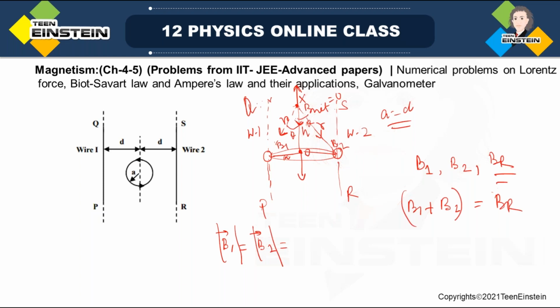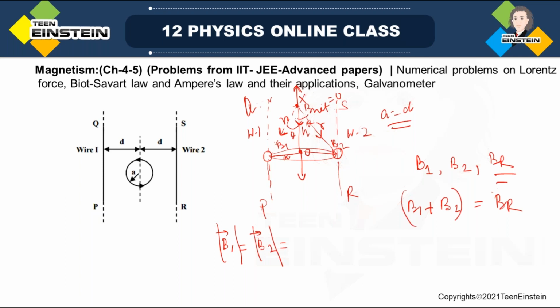Cos theta is equal to base by hypotenuse. The base is h and the hypotenuse is r, so you get mu0 I h by pi r square. This is the magnetic field produced by these two wires at this particular point.